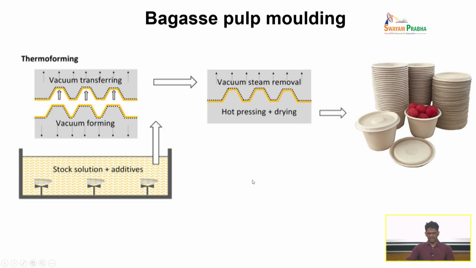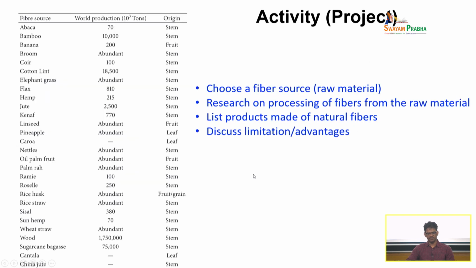So now the example I've given is only for bagasse or sugarcane. But if you look around you, from the place where you're from and what your folks are doing, you will see that you have so many fiber sources.